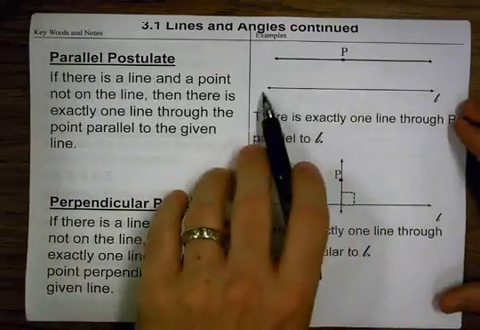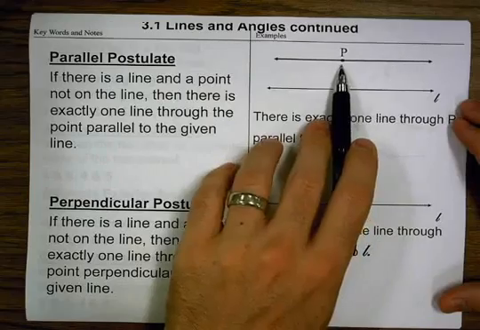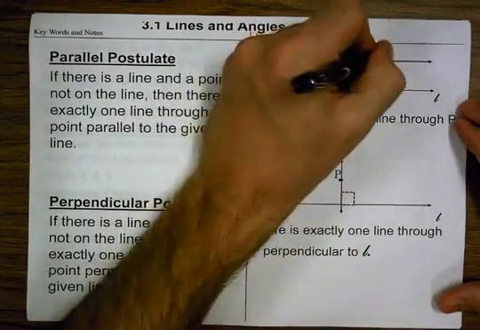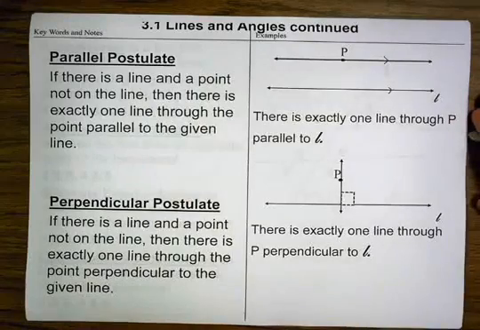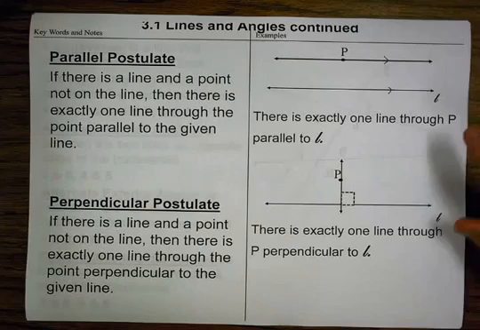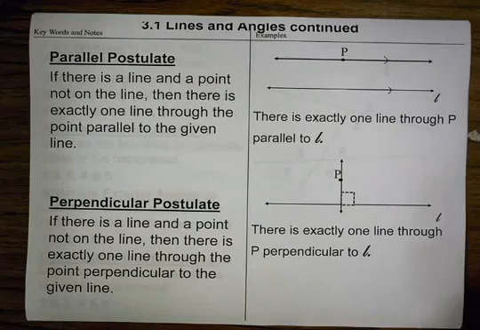It's saying if I have a line L and a point P, there is only one line that goes through P that would be parallel to L. Not 2, not 3, not 0. One line that will go through that point that is parallel to it. So we always have exactly one that will go through that point. This lets us define parallel. And now we're going to go through problems, and we're going to see that's a major theme throughout the chapter.